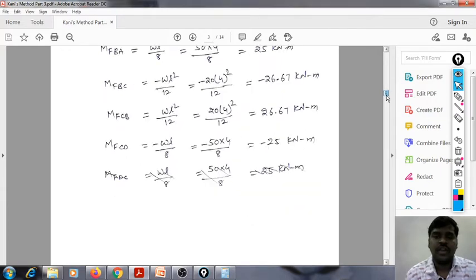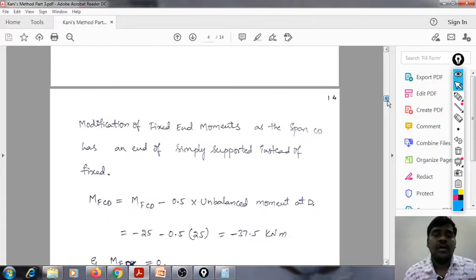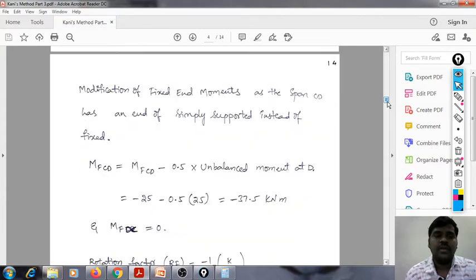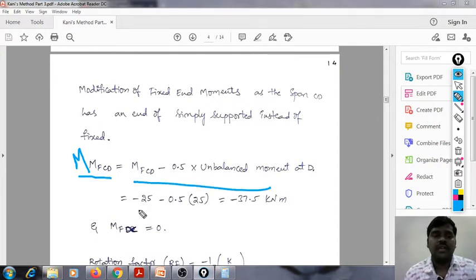The modification of fixed end moments, as span CD has a simply supported end instead of a fixed end. That is MFCD equals MFCD minus 0.5 into unbalanced moment at D. This is the modified MFCD, minus 25 minus 0.5 into unbalanced moment at D.